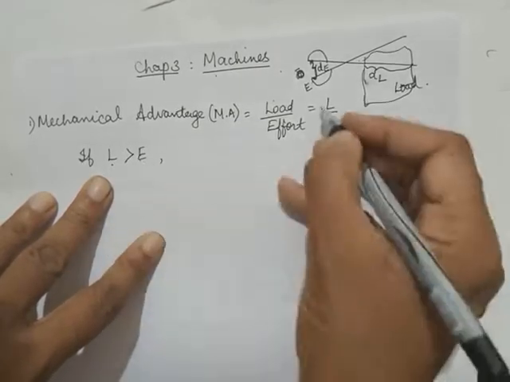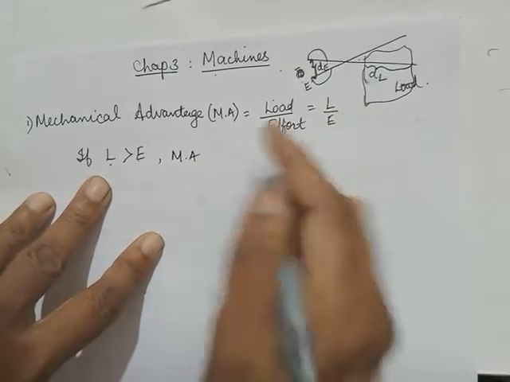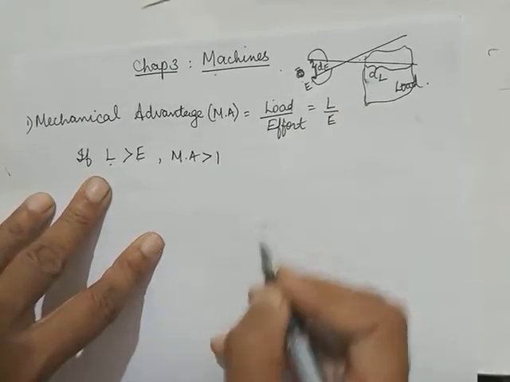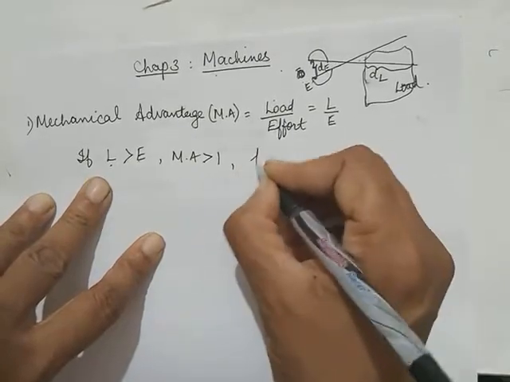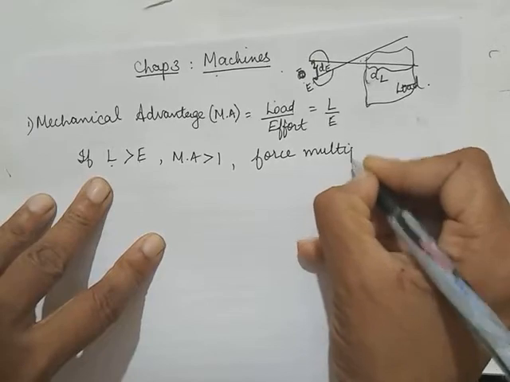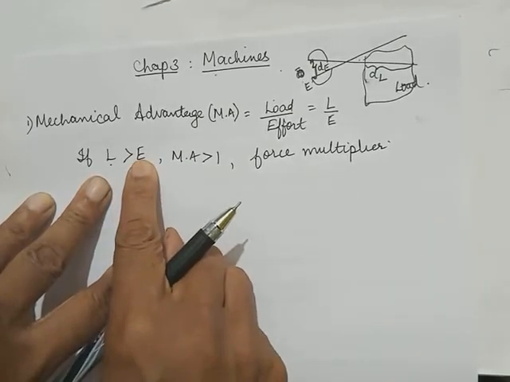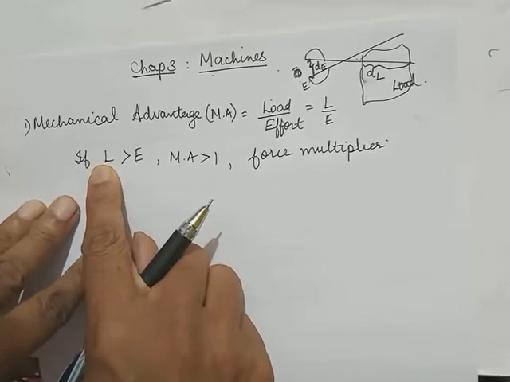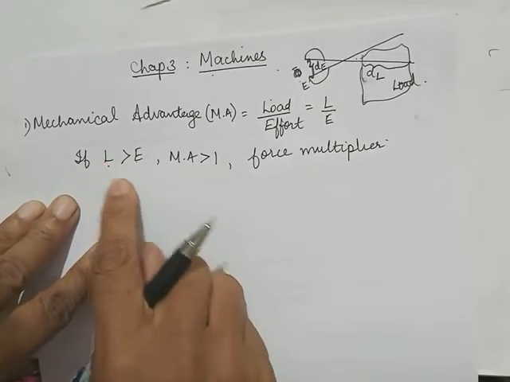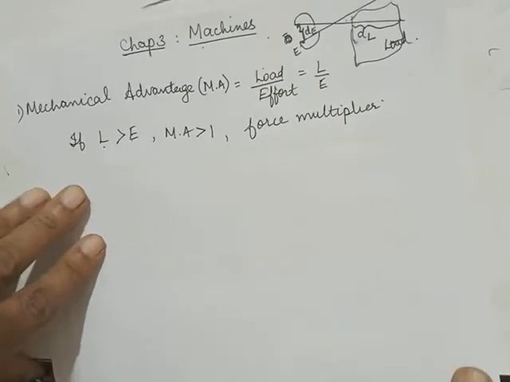If L is greater than E, then what will happen to mechanical advantage? Numerator is greater than denominator. MA will be greater than 1. Then it will act as a force multiplier. Force multiplier means it multiplies the force. A little effort is used to lift a heavy load. Is it clear, children? So if load is greater than effort, MA is greater than 1, force multiplier.